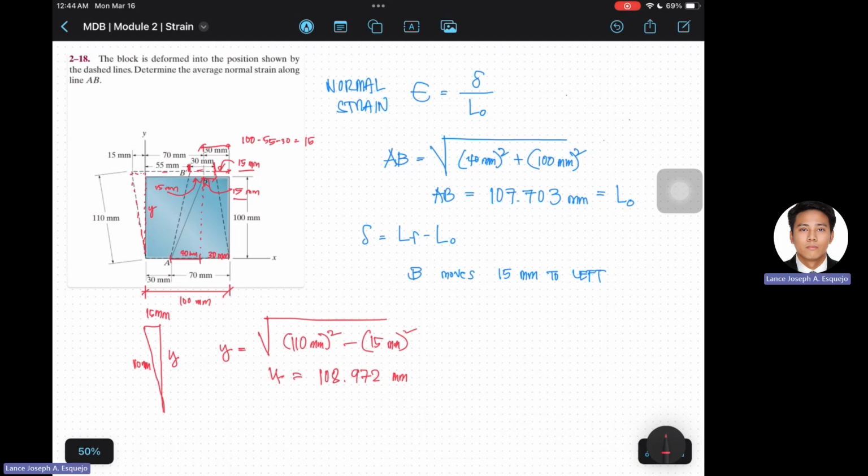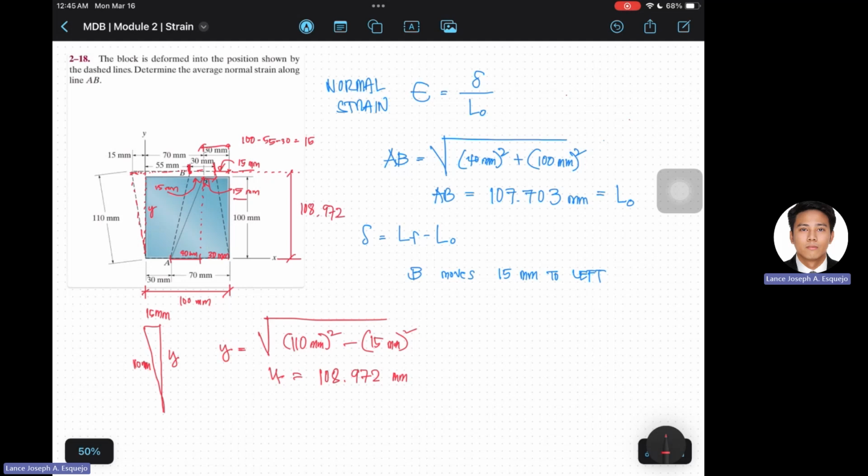So bakit natin kinuha yung triangle na yon? Because this portion can be projected papunta doon sa final location ng B, which is B prime. So if y is 108.972, this means that from this point to this point is also 108.972.